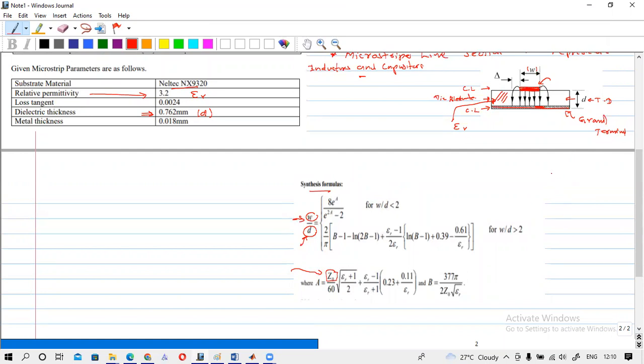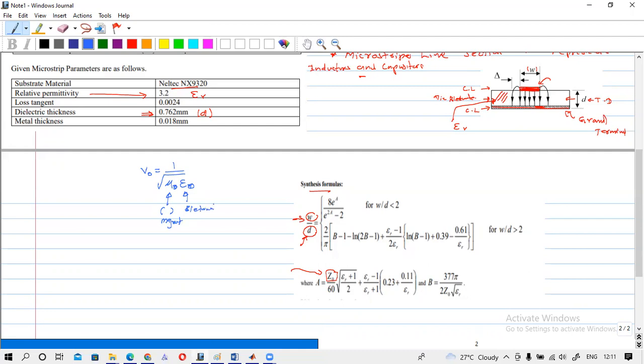And I think you know that if an electromagnetic wave is traveling in free space, the velocity is given by 1 by square root of mu naught epsilon naught. This is the permeability, related with the magnetic field, and this is the permittivity, related with the electric field.